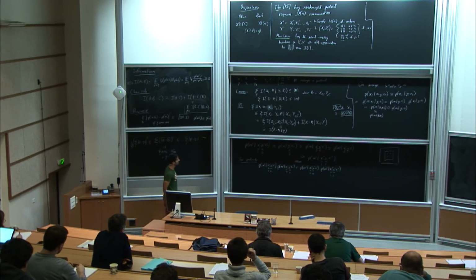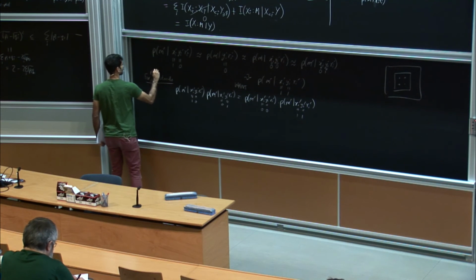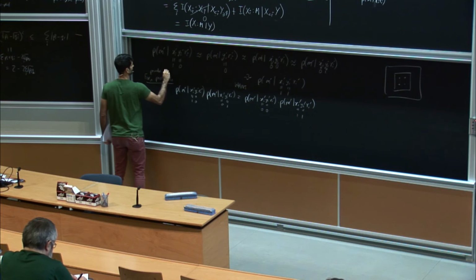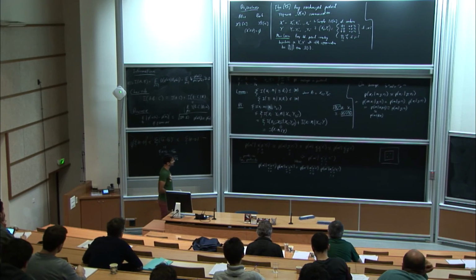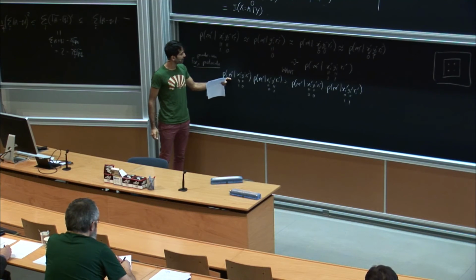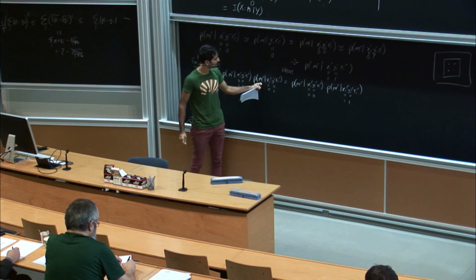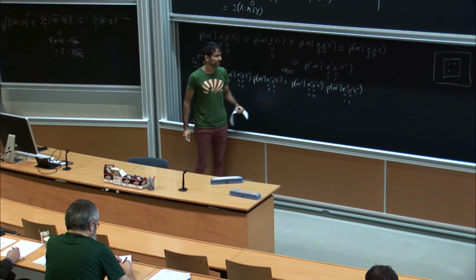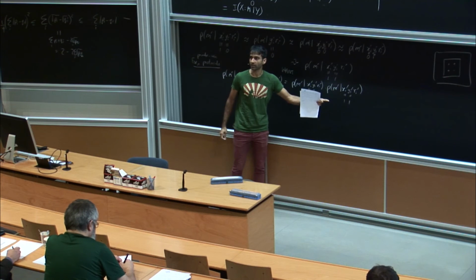This is a claim that applies to private coin protocols. If you have a private coin protocol, then it has the following feature. The probability that you see the sequence of messages m prime, given that the inputs are 1, 0, times the probability that you see the same message when the inputs are 0, 1, is equal to the product of the probabilities of seeing 0, 0, and 1, 1.